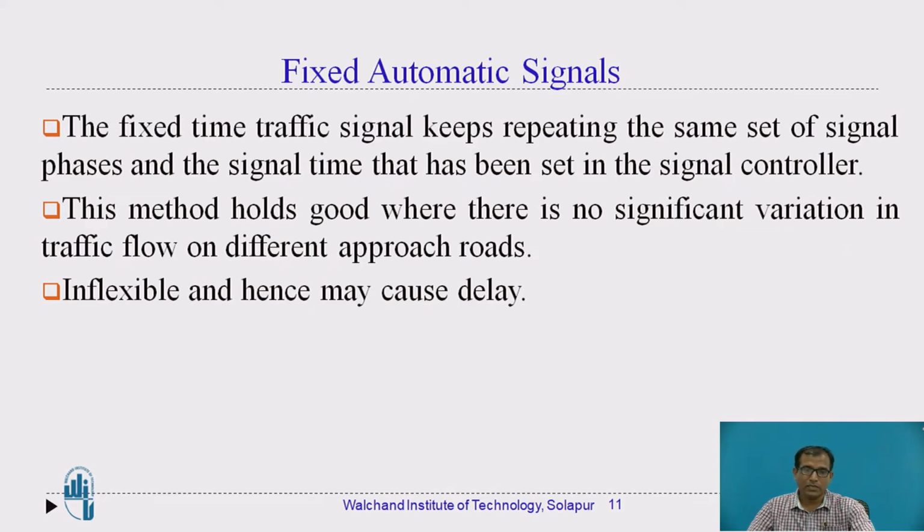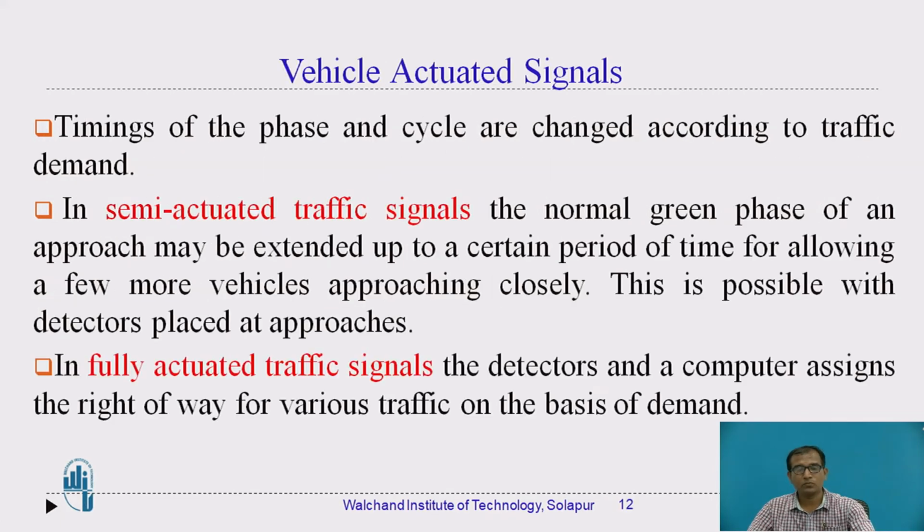But if some legs have higher intensity and some legs have very low intensity, the signal timing operating on the low intensity legs may cause a delay to the other side which really requires the green time. Hence it is inflexible and may cause delay.